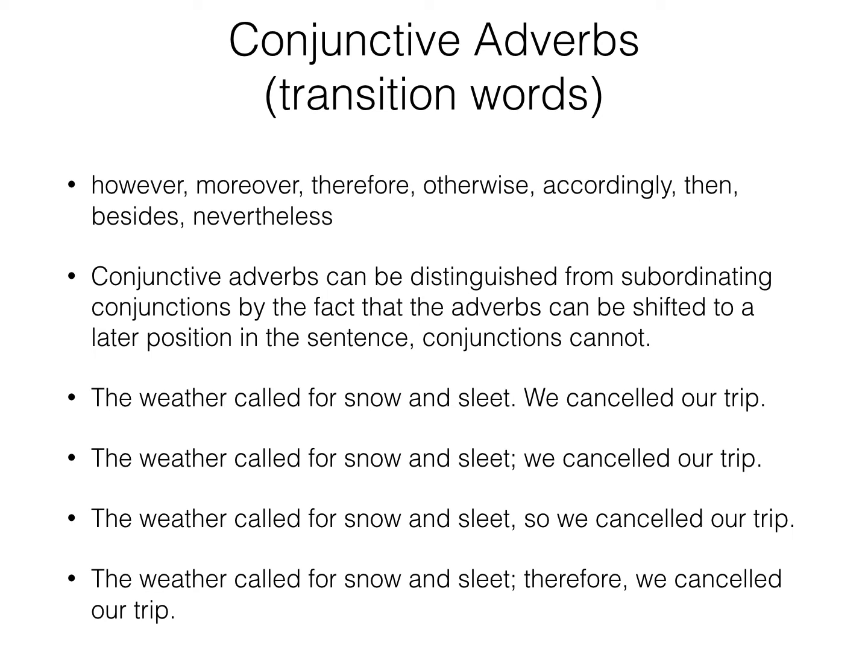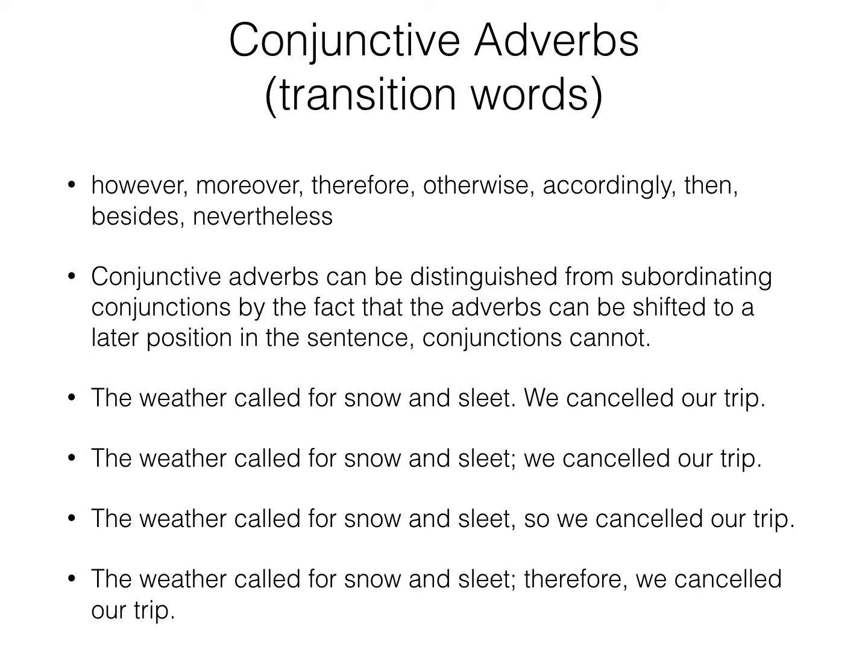I'll show you some examples in a moment here. But examples of conjunctive adverbs are "however," "moreover," "therefore," "accordingly," "then," "besides," "nevertheless." So conjunctive adverbs can be distinguished from subordinating conjunctions by the fact that conjunctive adverbs can be shifted to a later place in the sentence.